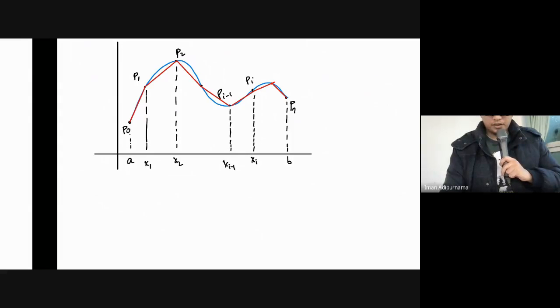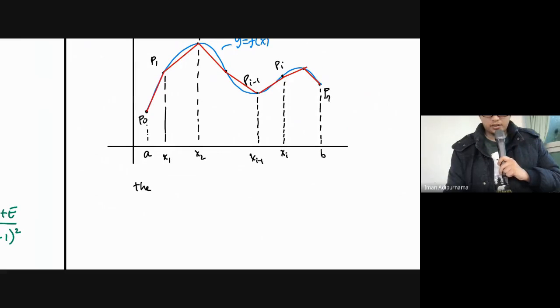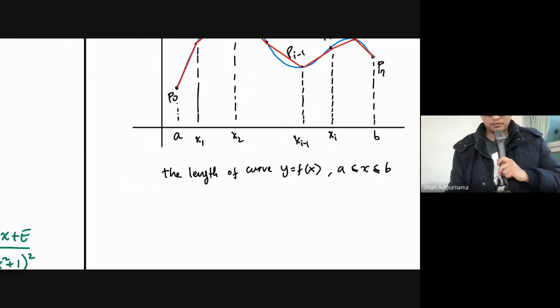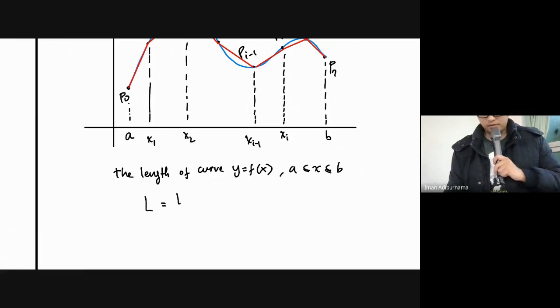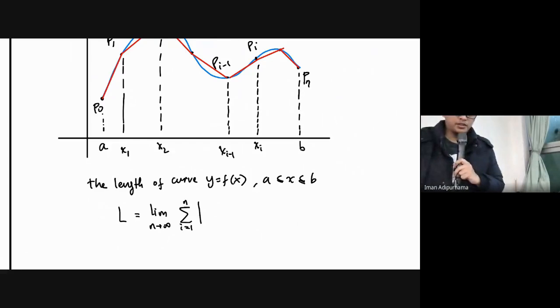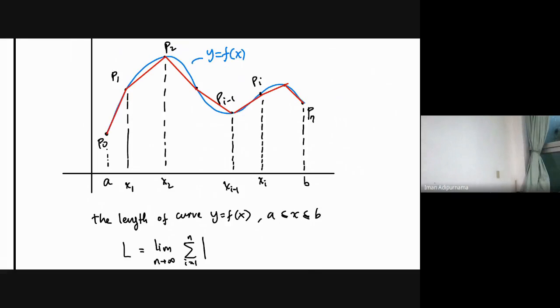If the curve is a function of x, we can define the length of the curve y equals f of x from A to B. Let's say it's L. We divide the curve into segments, and L is the total of the first segment, the second, third, fourth, fifth.